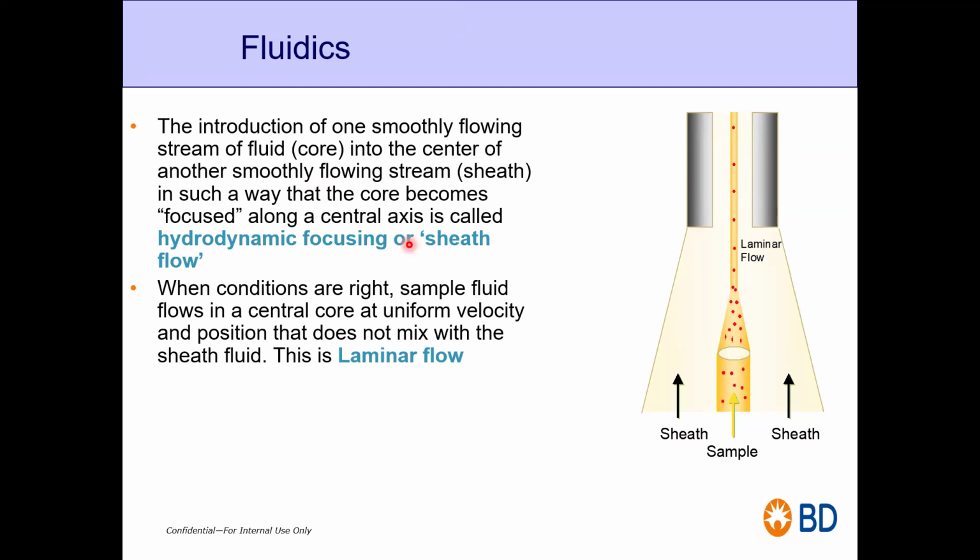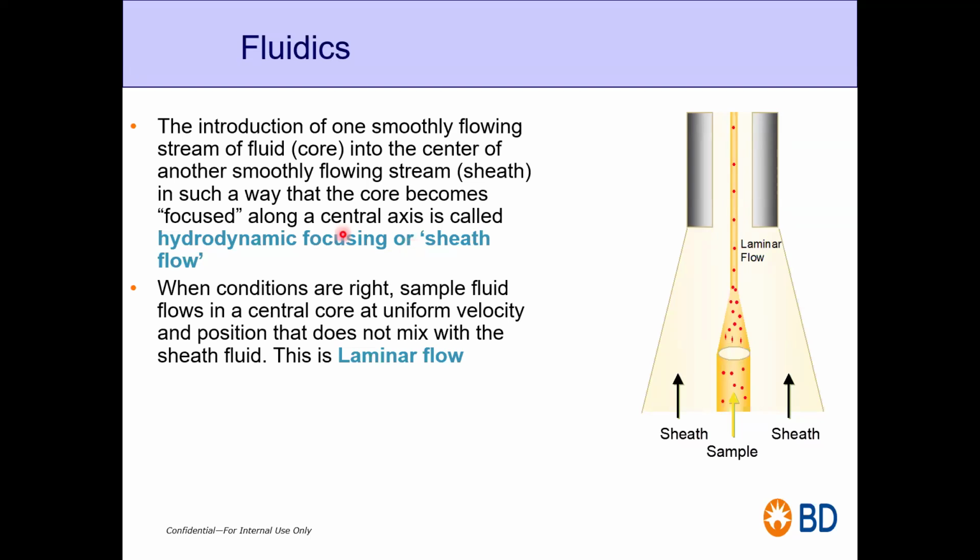A cell hits the laser one by one, and then it will tell you that this cell has this much fluorescence, this much size, a relative size I would say. So it should hit one by one. If it does not hit one by one, what's going to happen, I'm going to tell you that also. But this is to make a very narrow path and a very focused path. That's why hydrodynamic focusing is important.